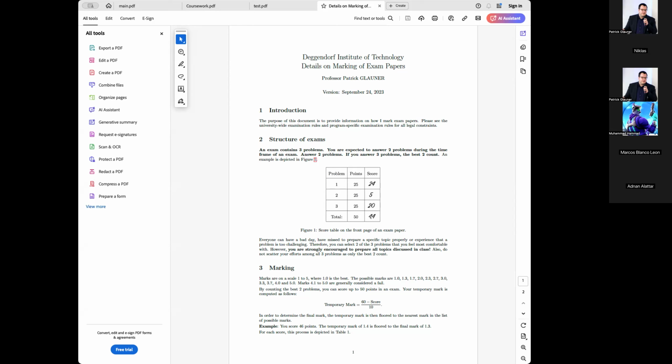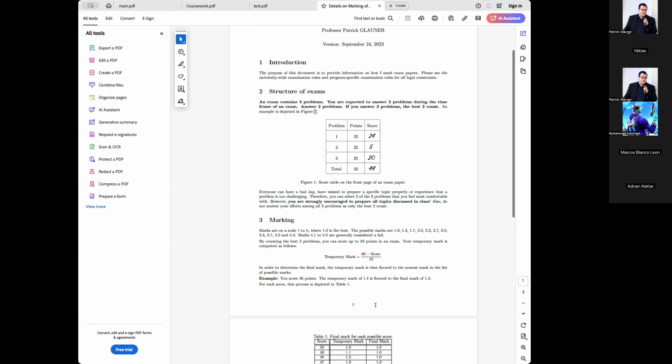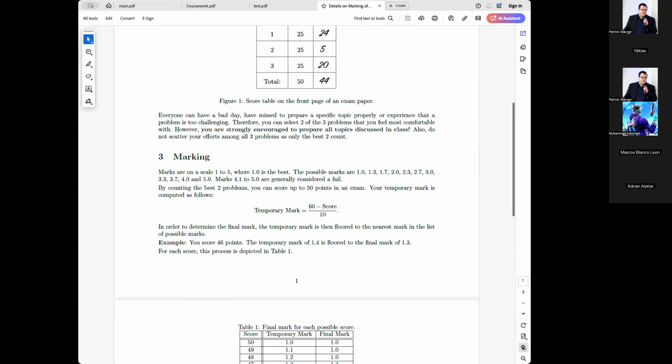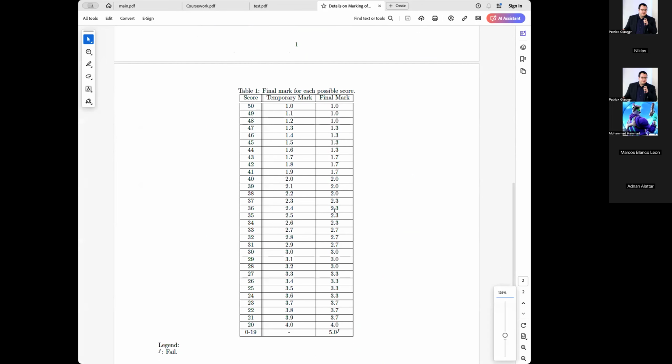And how do points convert into a mark? I have a formula. I say 60 minus your score, divided by 10. So if you score 50 points, 60 minus 50 is 10. Dividing by 10 is a 1.0, the best mark possible. And this score here would include your bonus. And what does that look like for all the other points?